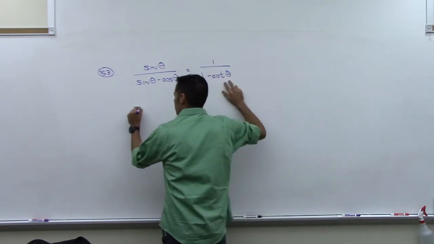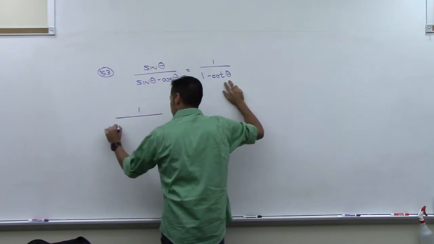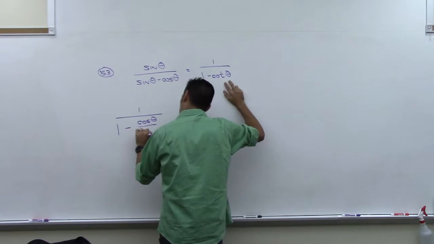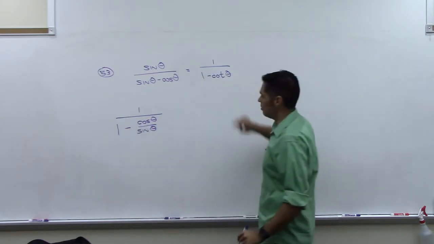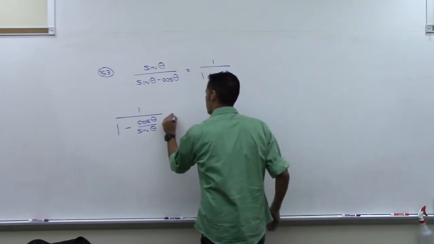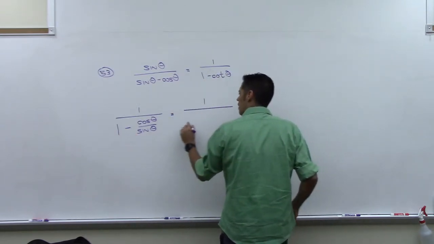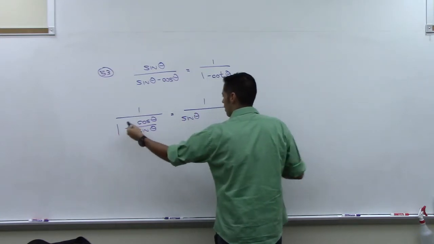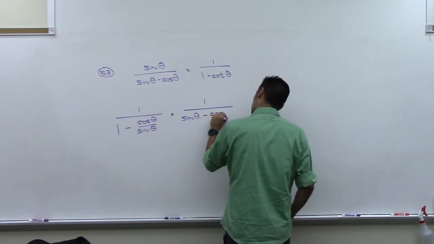I'm going to go ahead and rewrite this as 1 over 1 minus cosine theta over sine theta, because that's what cotangent is. Then I'm going to get a common denominator between these two. So 1 over, I'm going to have sine theta over sine theta again, and then I'll put them together, so it's going to look like this.